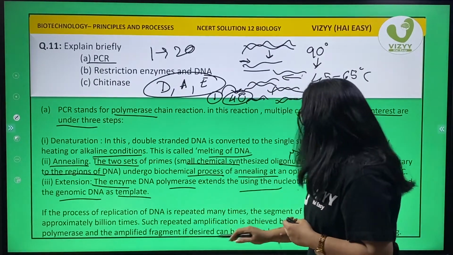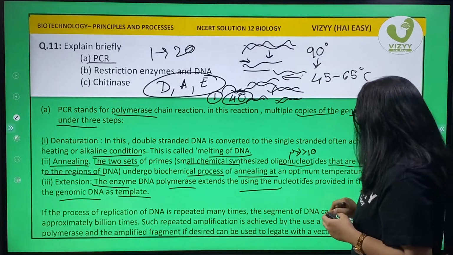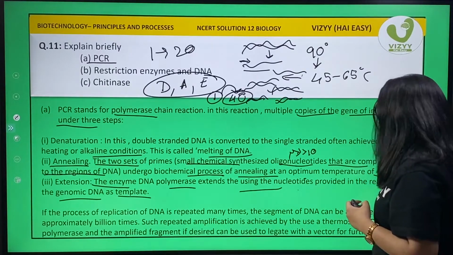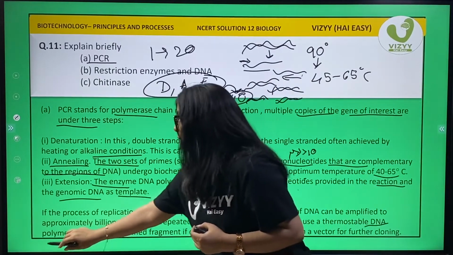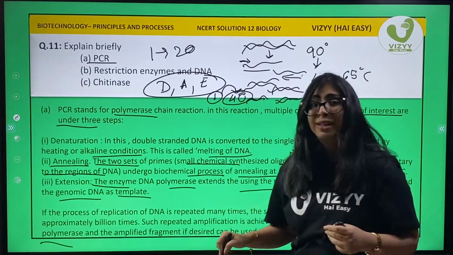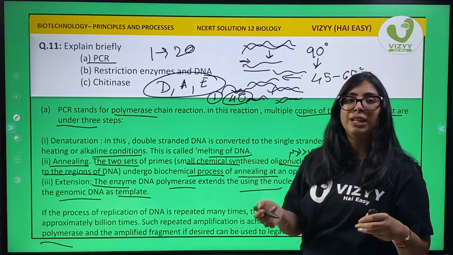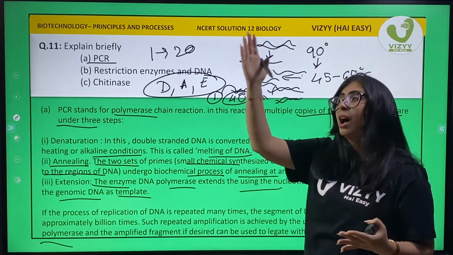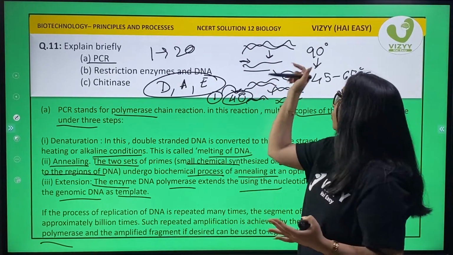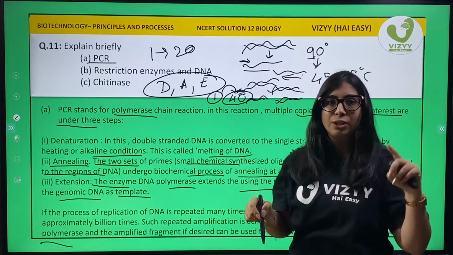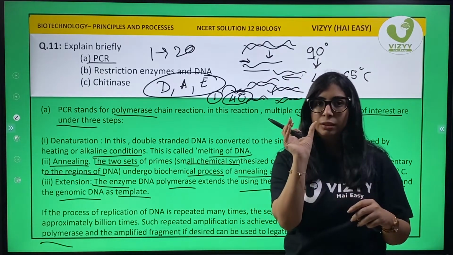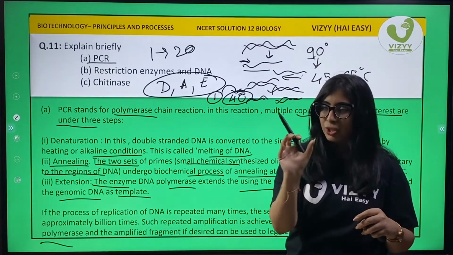Such repeated amplification is achieved by the use of thermostable DNA polymerase. Now, DNA polymerase is a protein, and proteins usually get denatured at high temperature. So we need something that is not denatured at this temperature.